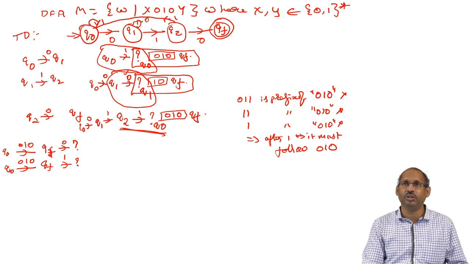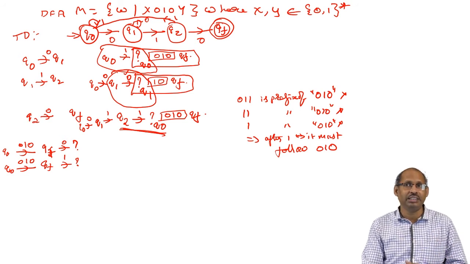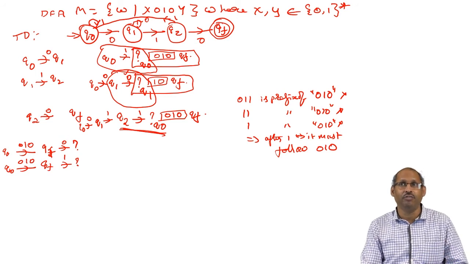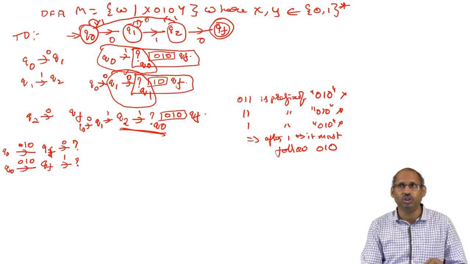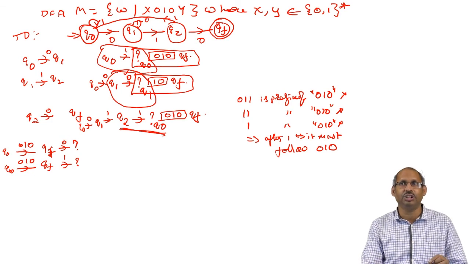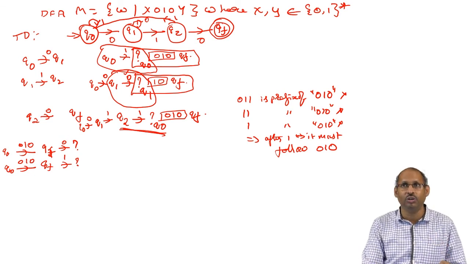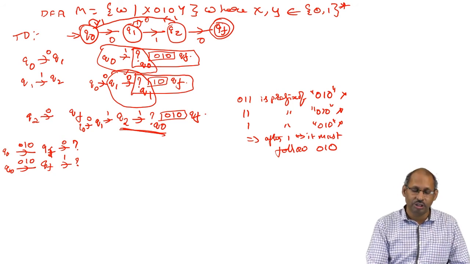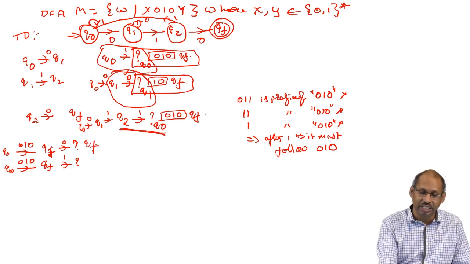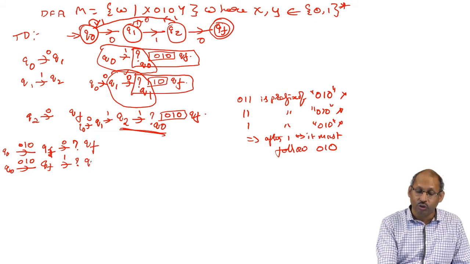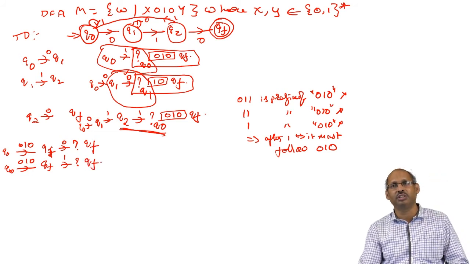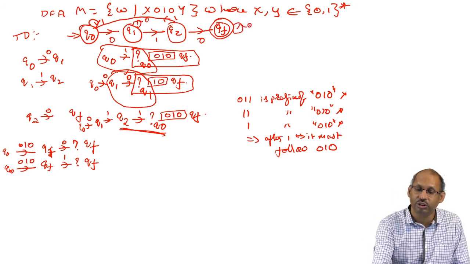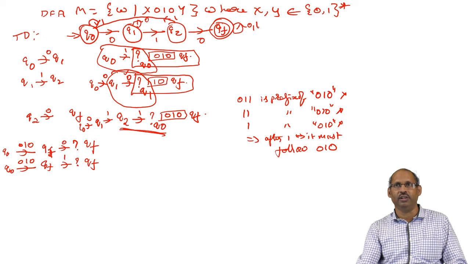After 0 1 0, either zeros or ones are accepted: x 0 1 0 y, where y is a sequence of zeros and ones. After the condition 0 1 0, either 0 or 1, both are accepted. So it results in the final state only. QF on 1 also gives the final state only. So QF on 0 and 1 goes to QF only.